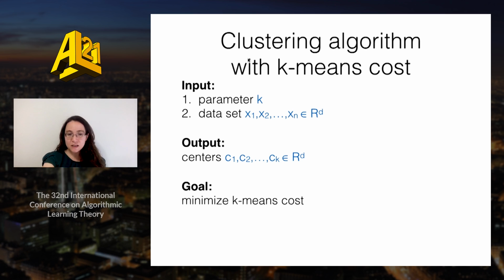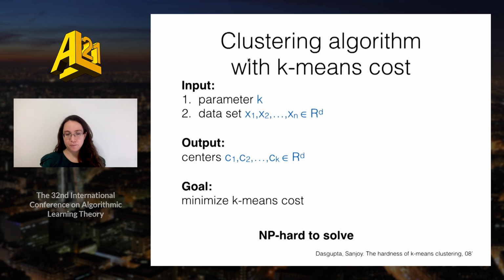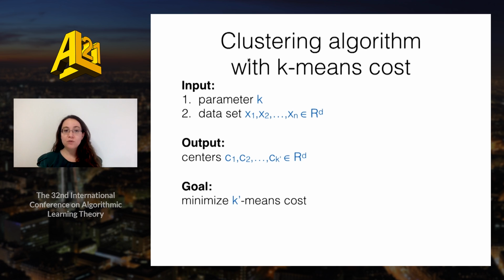But the problem is that this problem is hard to solve. So we have to relax the problem. One way to relax the problem is to allow to return a larger number of centers, k prime. And the goal now is to minimize the cost of these new centers.